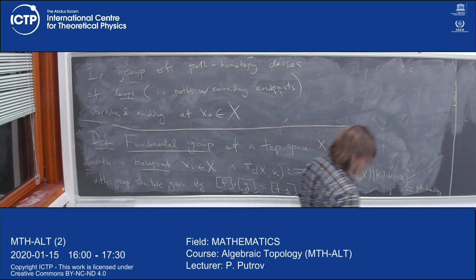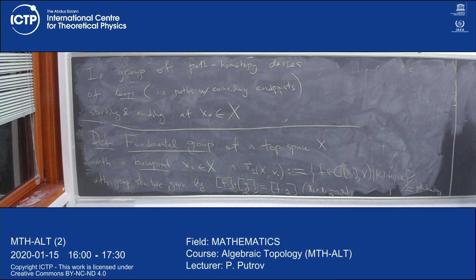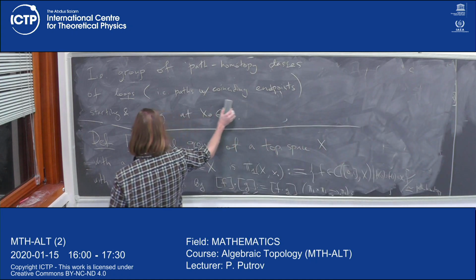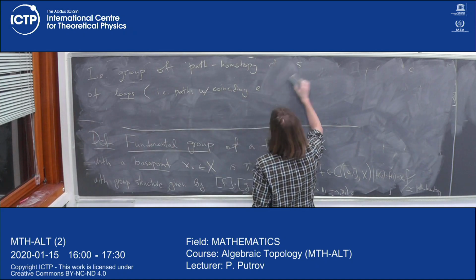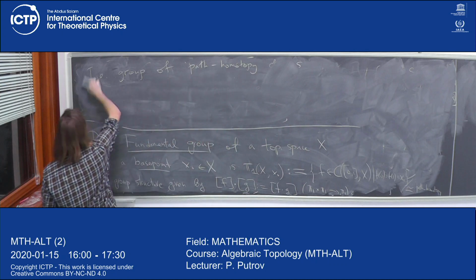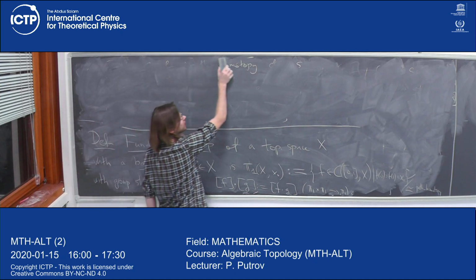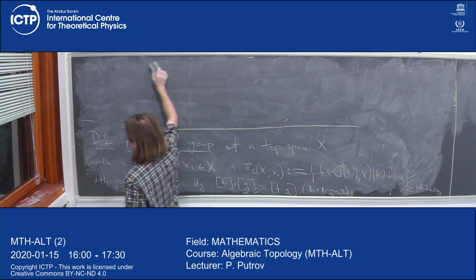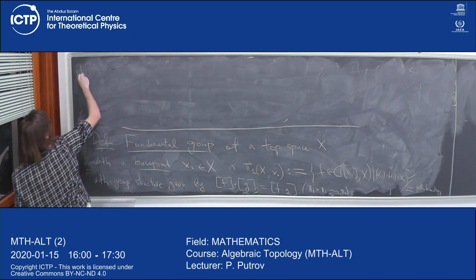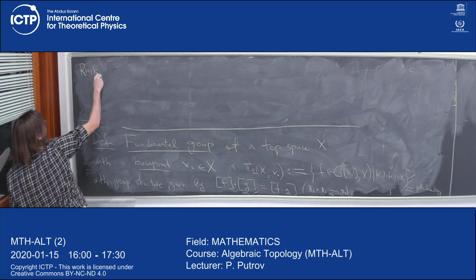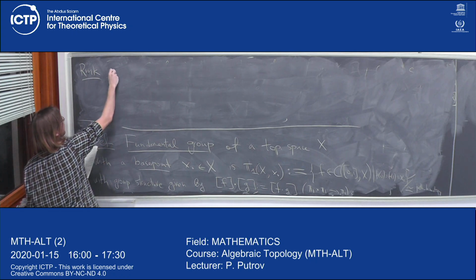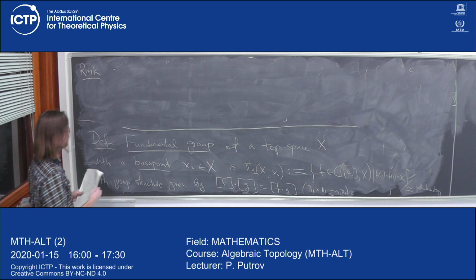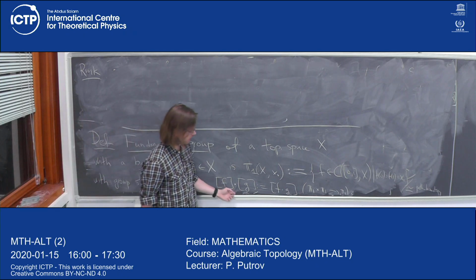Of course, there are some things which need to be checked here. We need to check that it's actually a self-consistent definition. So first we need to check that this is actually well defined.